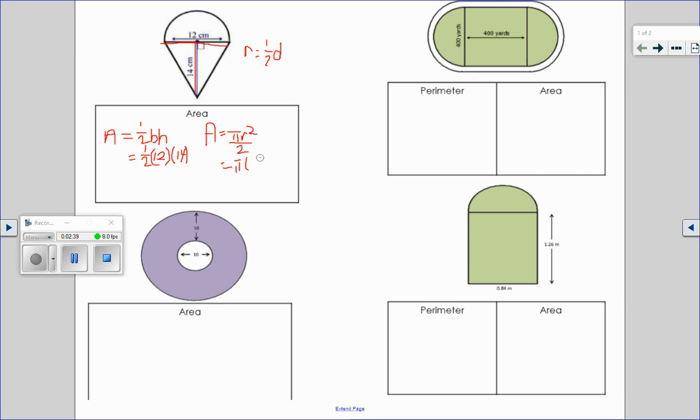So you know that your radius is 6 and squared, and then the whole thing is divided by 2. Now, yesterday I told you I would like you to use 3.14 for pi. That will help when you solve it. So if you plug this into Desmos, then you will get the correct answer. We went over this one yesterday, so I'm going to move on to the second one that we talked about.